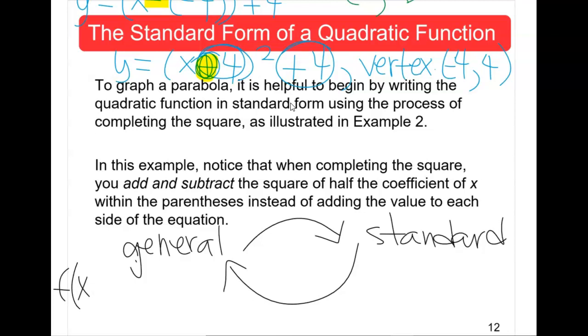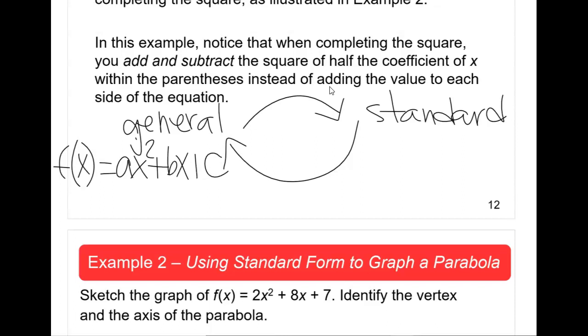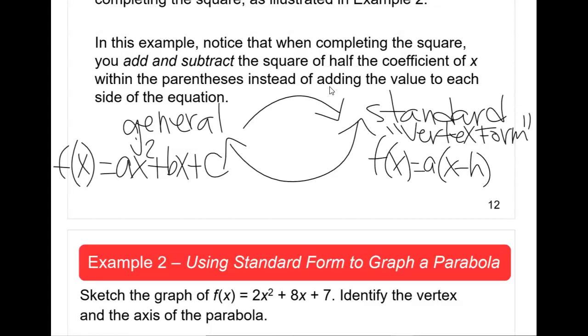I don't agree with this, but that's fine. So f of x is equal to ax squared plus bx plus c, and standard or vertex form will be a times x minus h squared plus k.